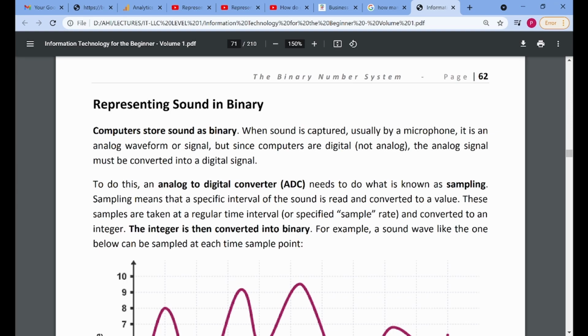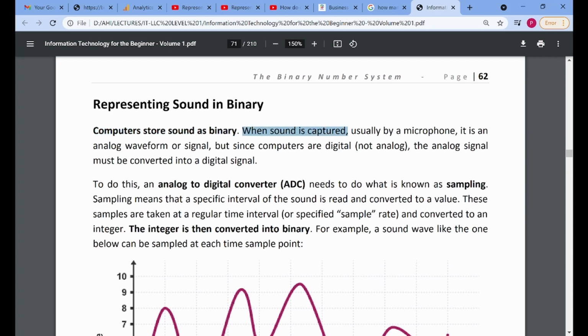So when we are talking about sound, first of all, we talk about how the sound is captured. Then later, we'll talk about how the sound is stored and played back. So it says that computer stores sound as binary.